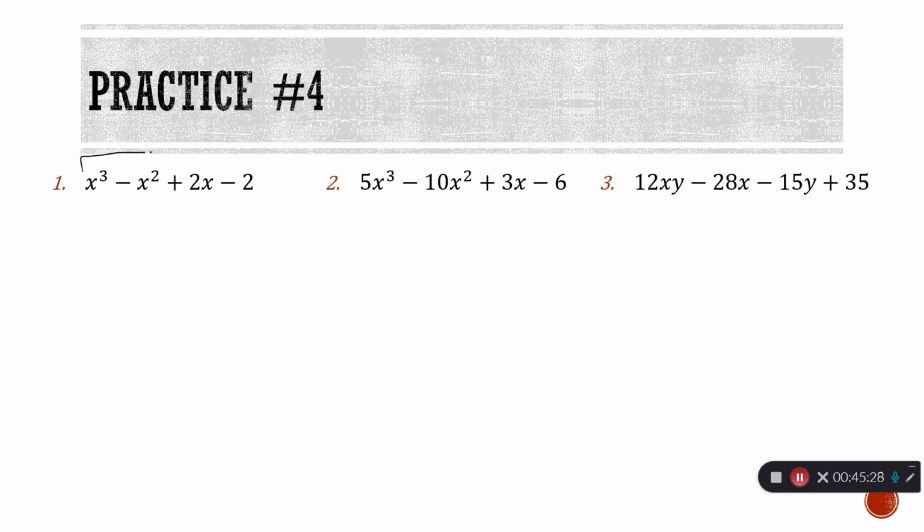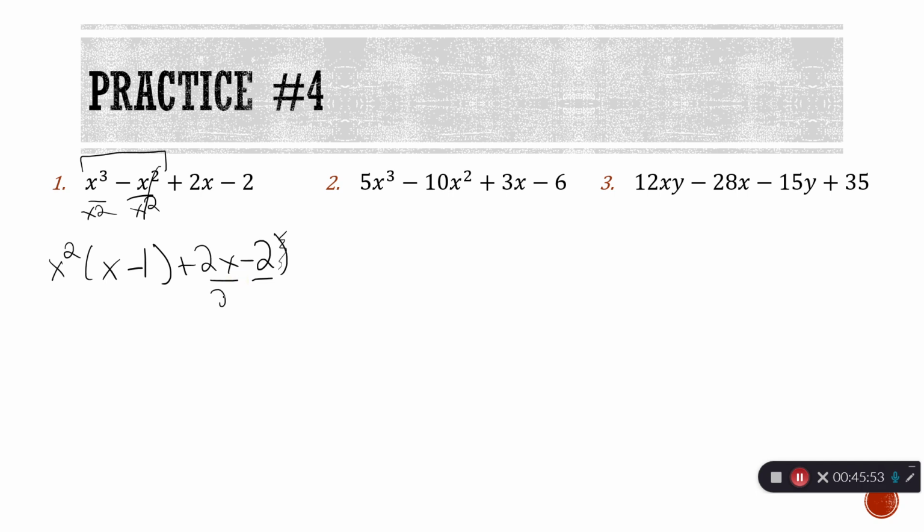Okay. So first group, I can take out an x squared. That gets me x minus 1. That cancels. Plus 2x minus 2. How do I get that to x minus 1?